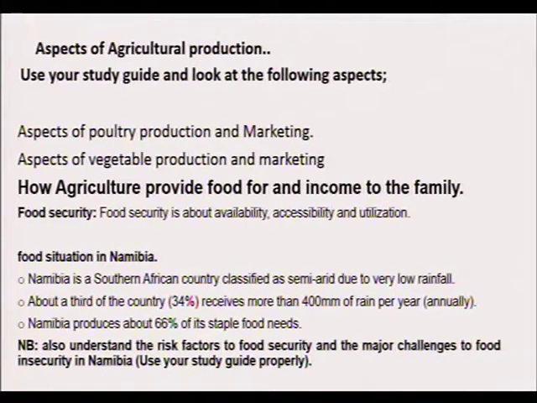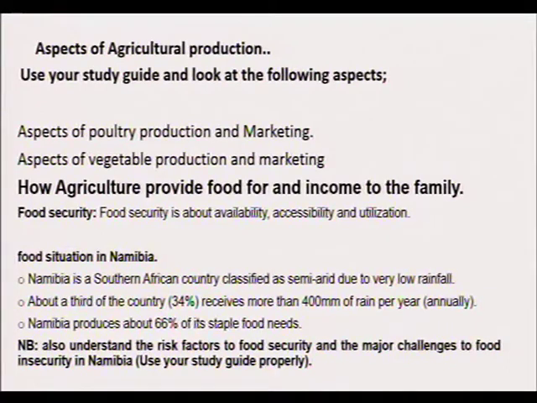Or we can say that food security is a state of having reliable access to a sufficient quantity of affordable, nutritious food. Also remember it's not just about having access to food, or food being available or affordable, but also the aspect of food safety must be taken into consideration.